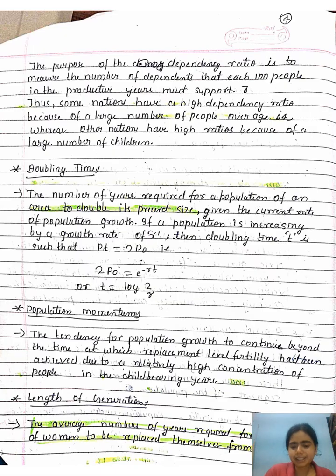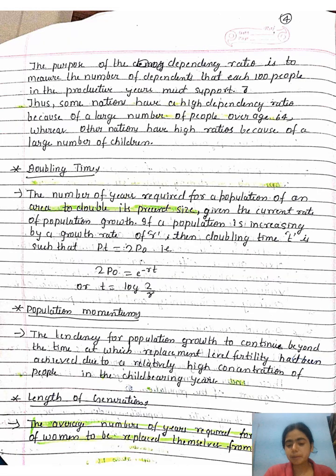Measuring dependency ratio is also helpful in making policies for the welfare of these people. Like if the government wants to do something for elderly people, like geriatric care, so for elderly people this comes under that.